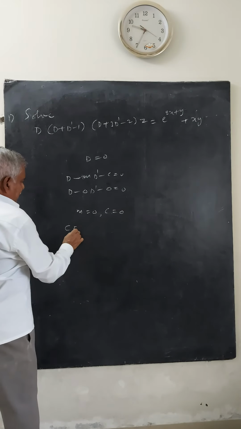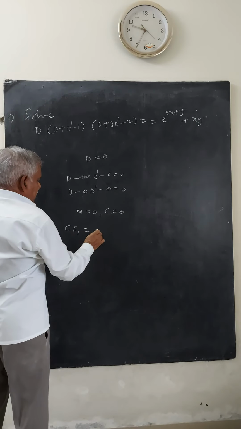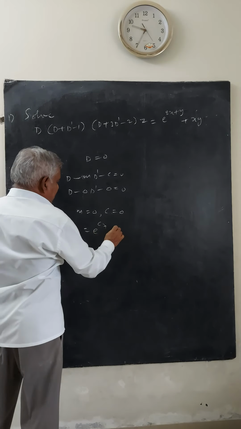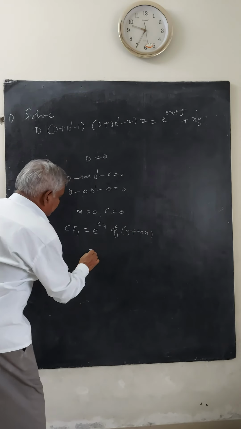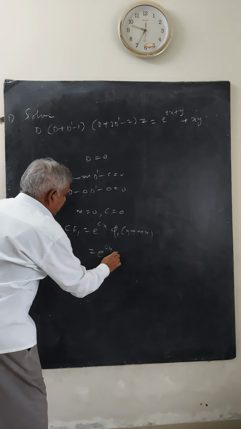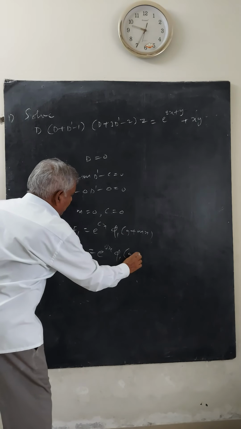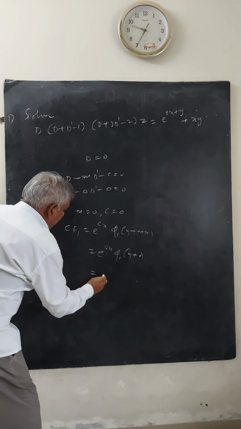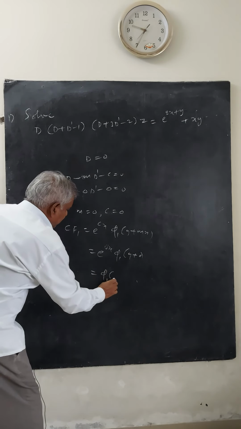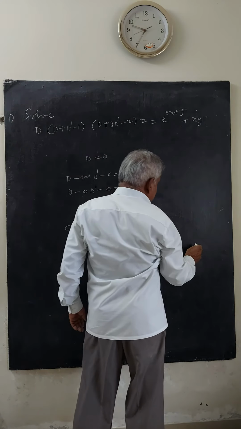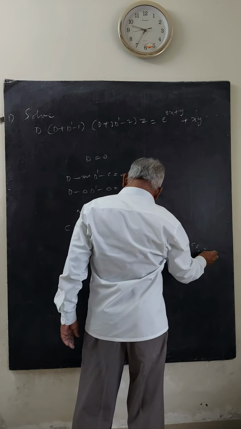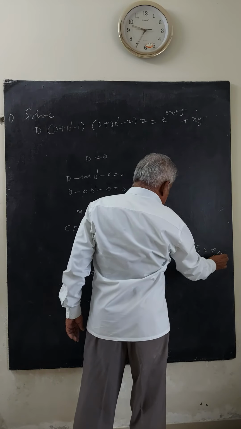Therefore, what is CF1? e^(cx) φ(y + mx) = e^(0x) φ(y + 0). Therefore, φ(y) is the first complementary function, CF1 = φ(y).